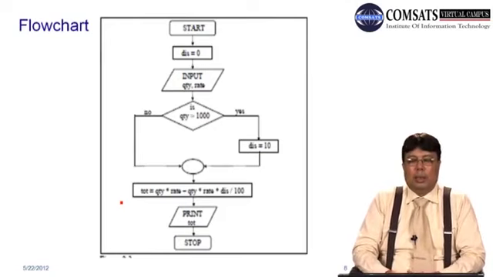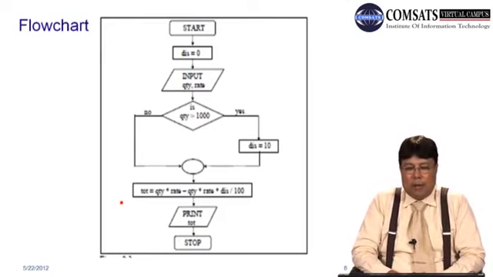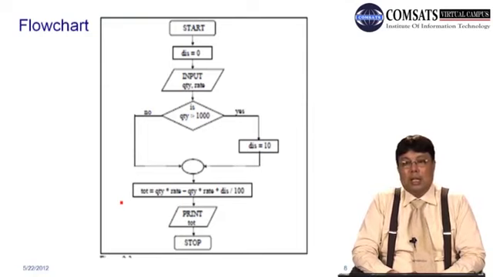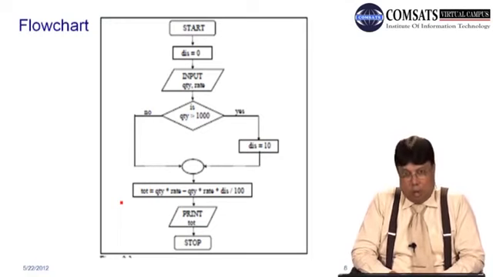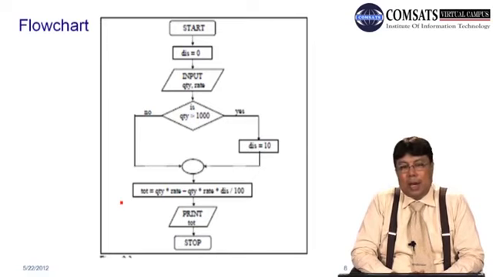First of all, I'd like to discuss the flow chart depicting this particular situation. You start a program. By default, the discount is 0%. Remember, you are required to input two quantities. One is quantity, second is the rate. So quantity comma rate.